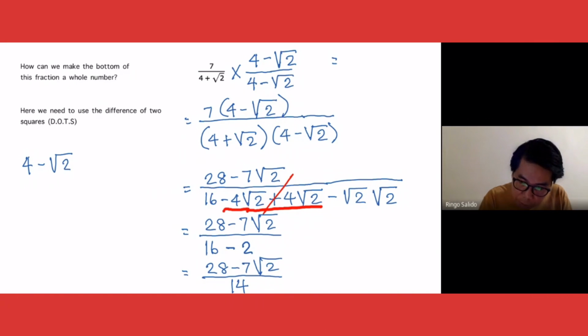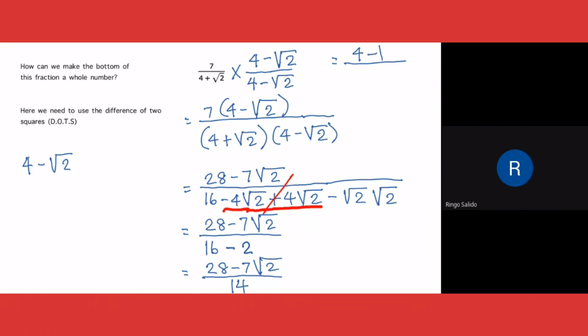So we have 28 divided by 7 is 4. 7 divided by 7 is 1. So what is left is minus the root of 2 over 14 divided by 7 is 2. And that is our final answer for this.